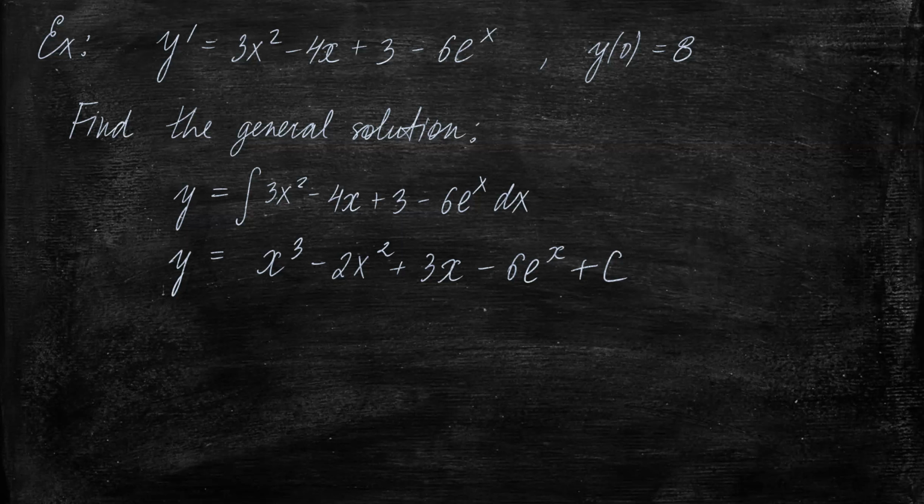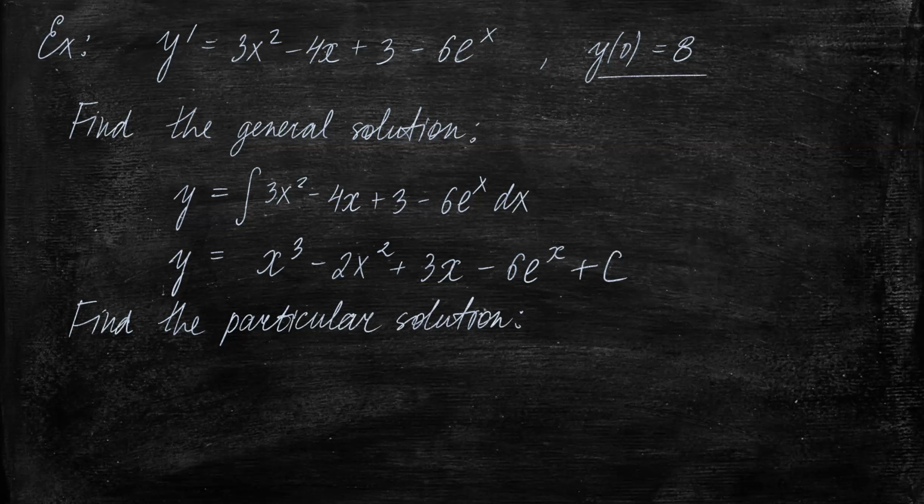And now we find the particular solution by taking the initial condition and plugging it in to the general solution. So y would be equal to 8, and for x we plug in 0.